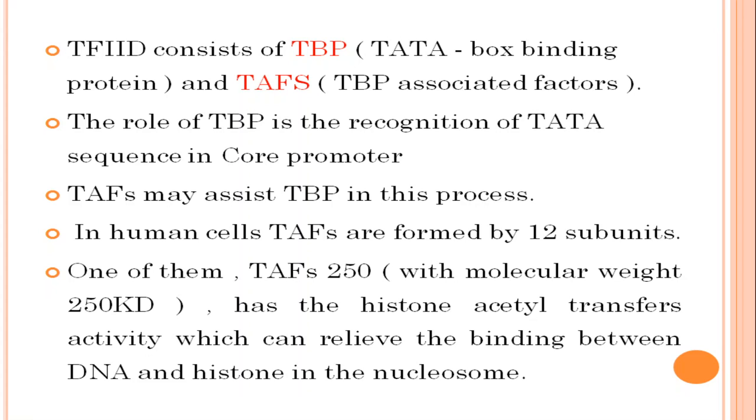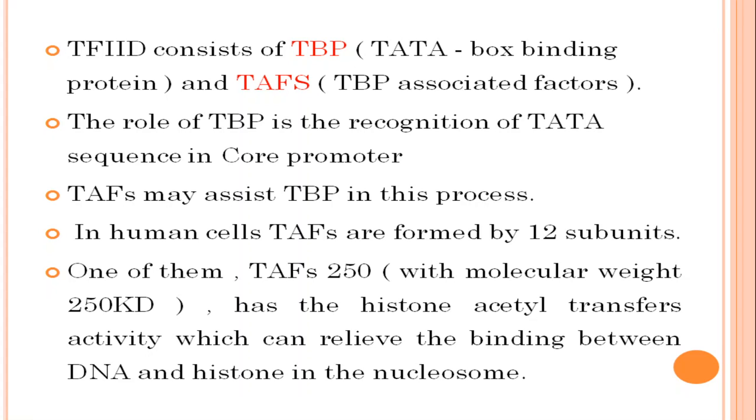Among these 6, the first one is TFIID. This is very important. TFIID is a multimeric protein consisting of 9 different subunits, and one subunit of this is TBP, which is called TATA binding protein, and the others are TAFs, meaning TBP associated factors.